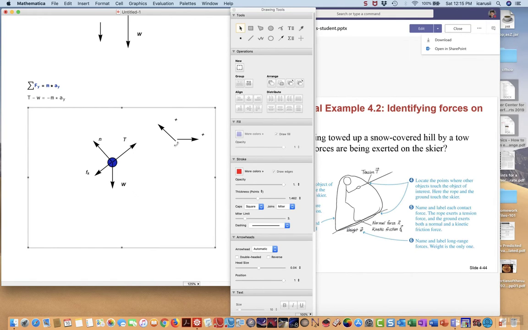So there is my vertical, and again, I'm not going to change my mind on this, so I'll just move it over. There that is. Now, since I made my coordinate system plus this way, I'm going to do the same thing with the horizontal. I'm going to change it over from being this way to being parallel with T.